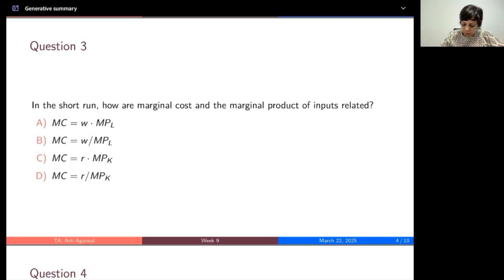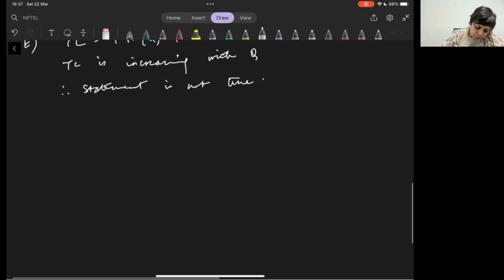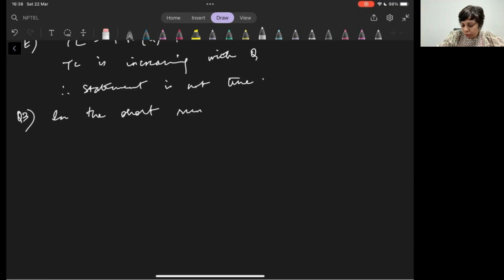Let me write this down. In the short run, K is constant. And therefore, in the short run, we normally will not consider marginal product of capital as such.